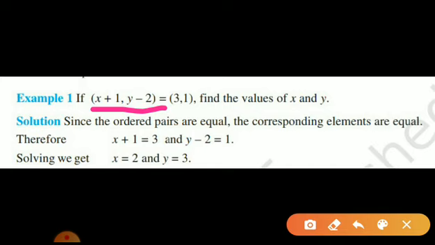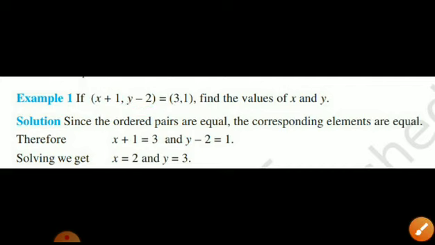That means, may I say that the corresponding elements will be equal? And hence what you will get is x plus 1 will be equal to 3 and y minus 2 will be equal to 1. If you solve this, you will get the answer as x equal to 2 and y equal to 3. Clear? Simple question it is, just a simple one.